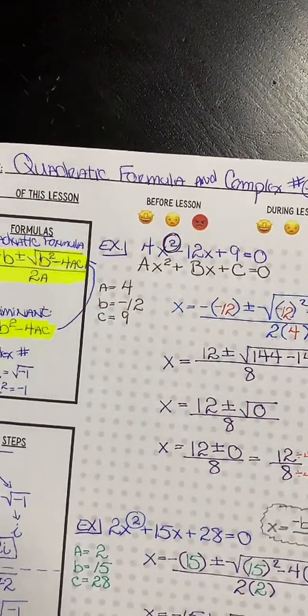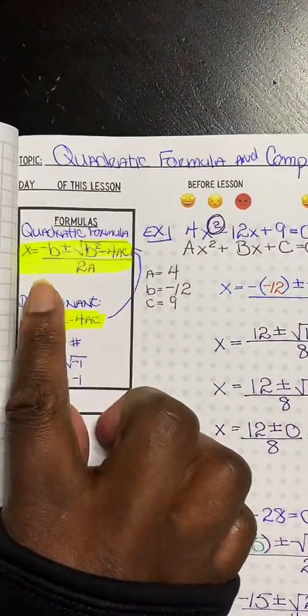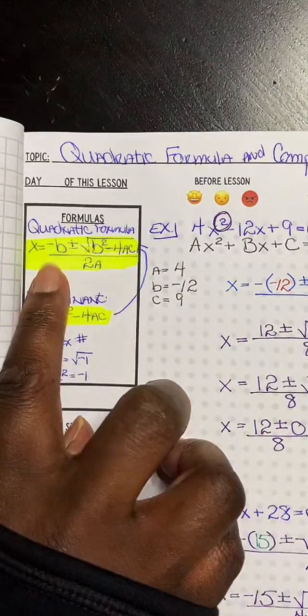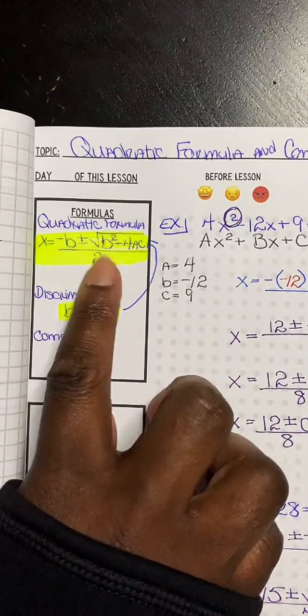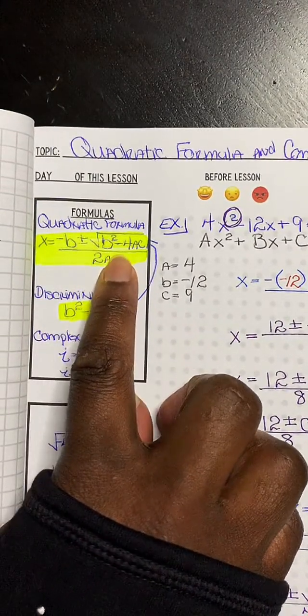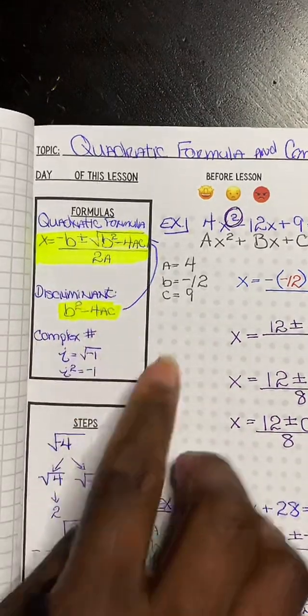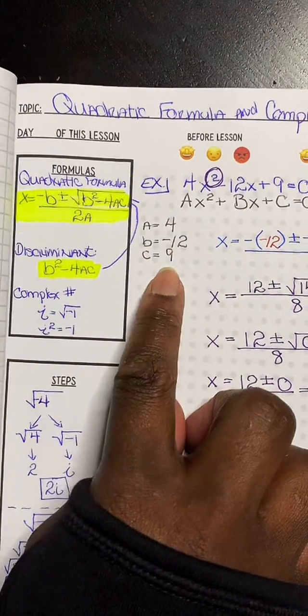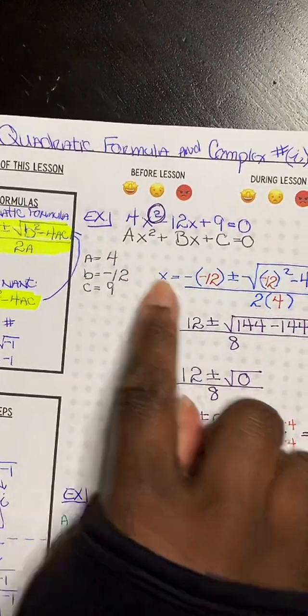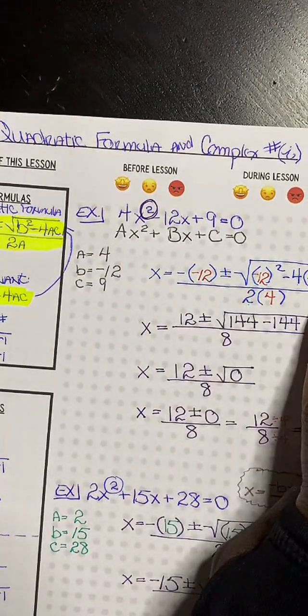So, with the quadratic formula, we basically have negative b plus or minus the square root of b squared minus 4ac, all over 2a. Once you figure out what your a, b, and c are, you plug them into the formula.